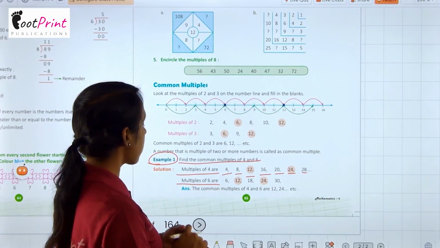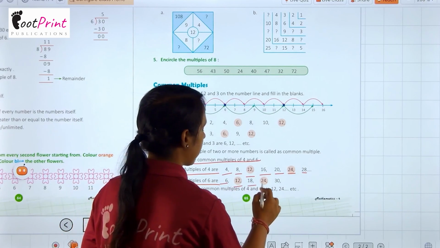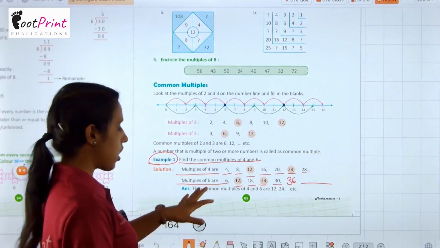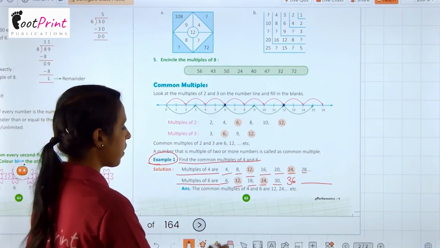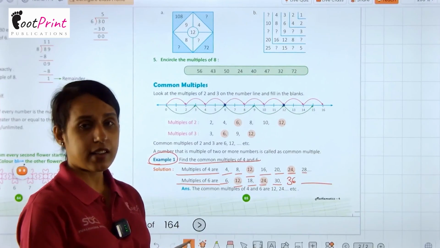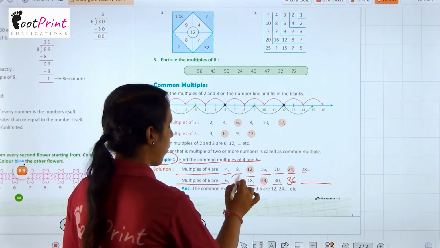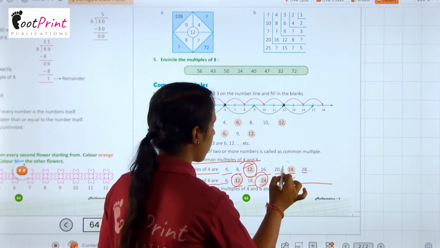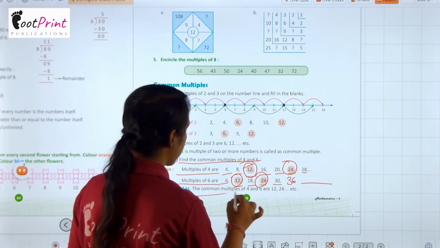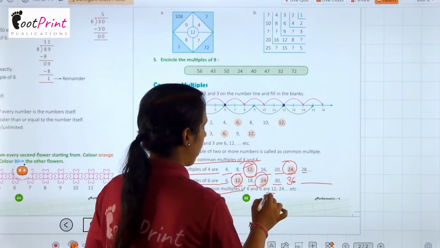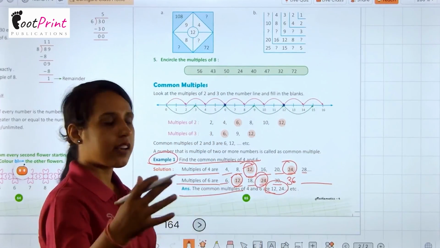And multiples of 6 are 6, 12, 18, 24, 30, 36 and so on. Now we have to find the common multiples. So first we look at the multiples of 4 and 6 both. Here 12 comes in both and 24 also comes. It means the common multiples of 4 and 6 are 12 and 24 and so on.